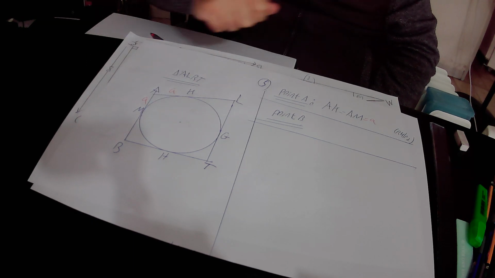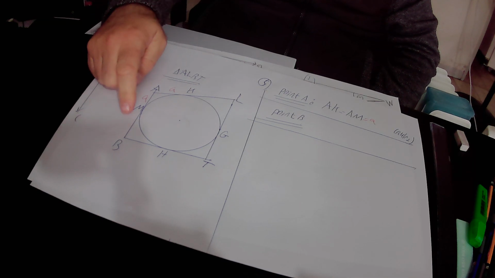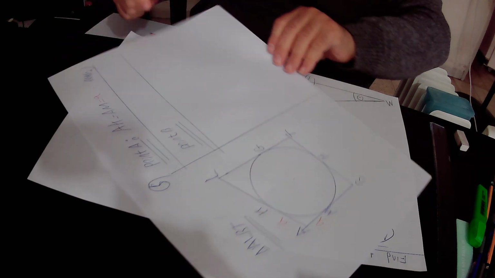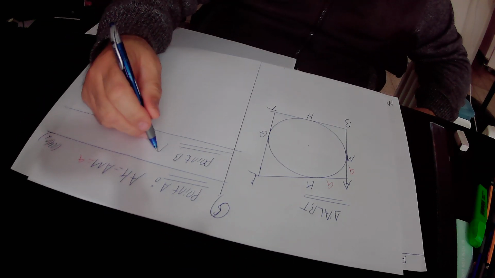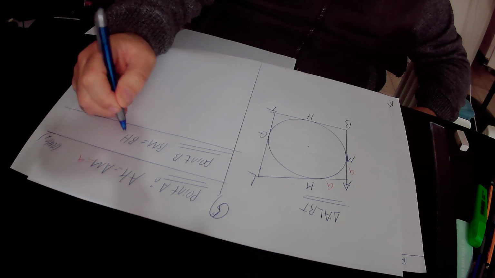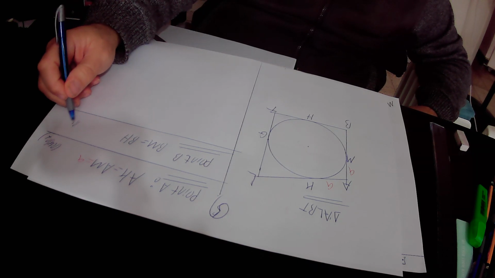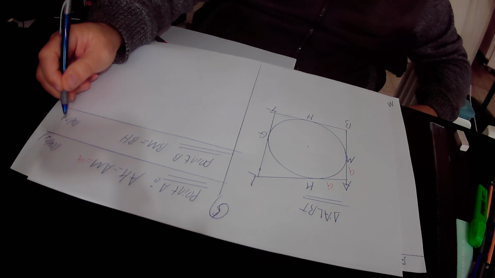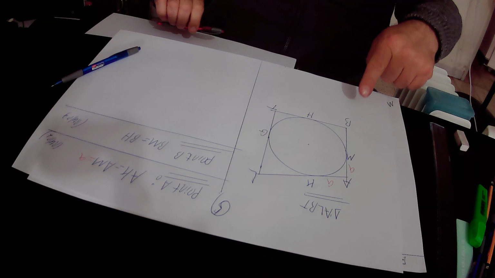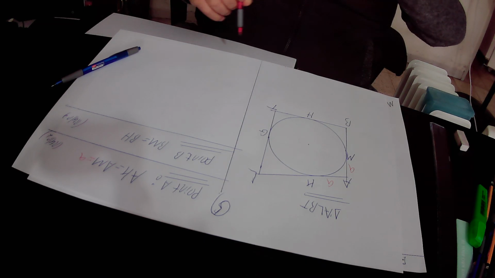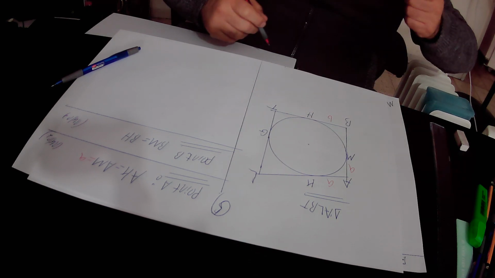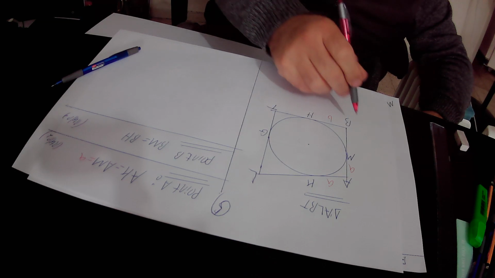And according to rule 2, they are equal to each other. That is to say, BM equals BH. So I write it down. The length of tangent BM equals the length of tangent BH according to the same rule, rule 2. So if we define the length of tangent BH as B, then the length of tangent BM must also equal B because they are equal to each other.